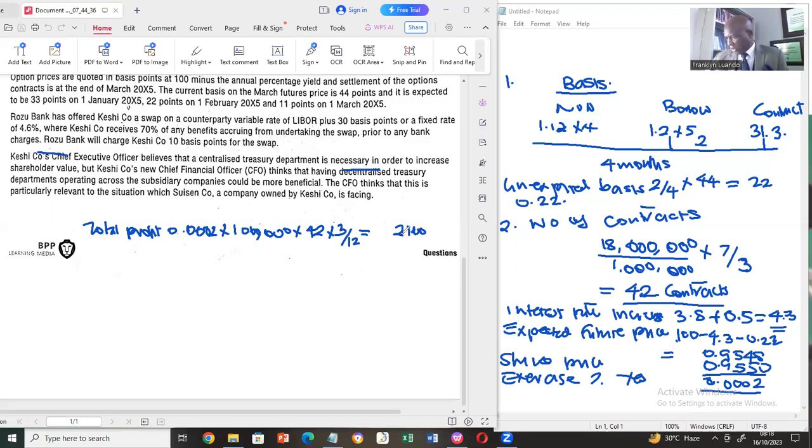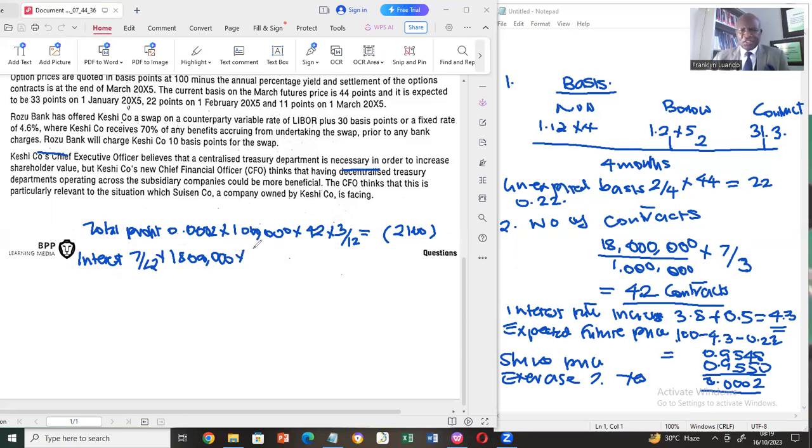The total gain will reduce the interest to be paid. So the interest to be paid will be 7 months over 12, multiplied by 18 million, multiplied by the rate.